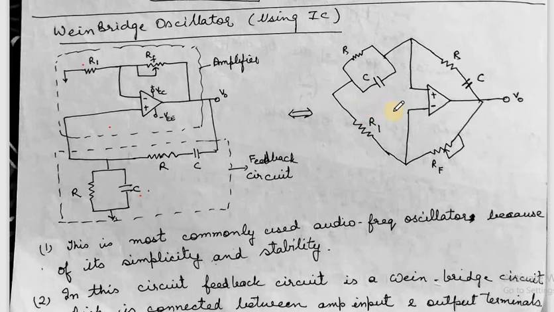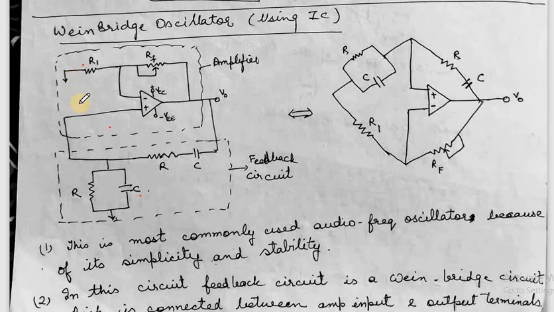It is more practical, that is, we can understand it in a better way. That is why I have made it. There is no difference between this and the earlier circuit; it is only a rearrangement.